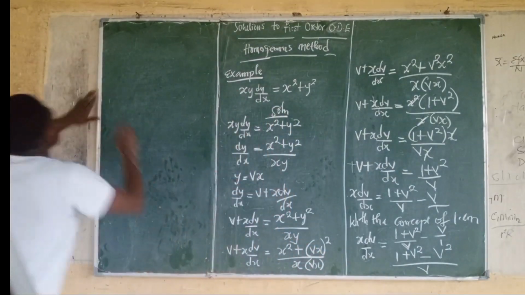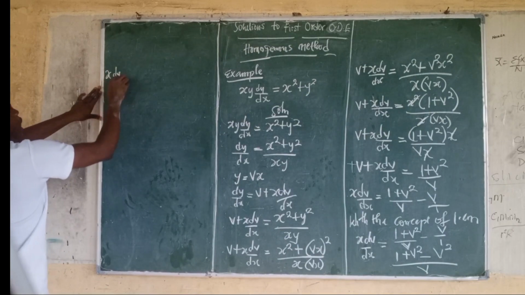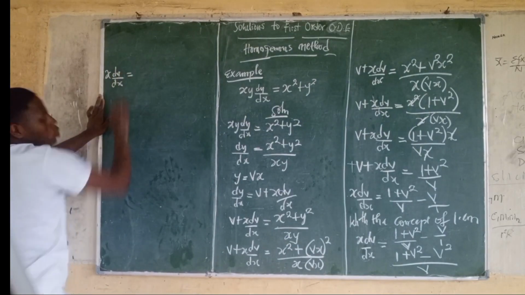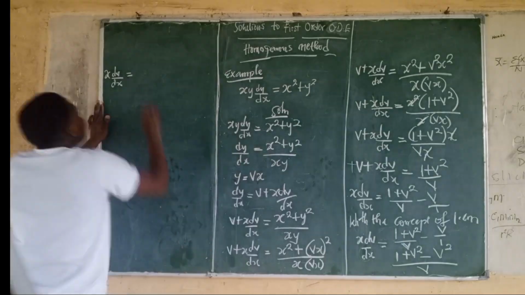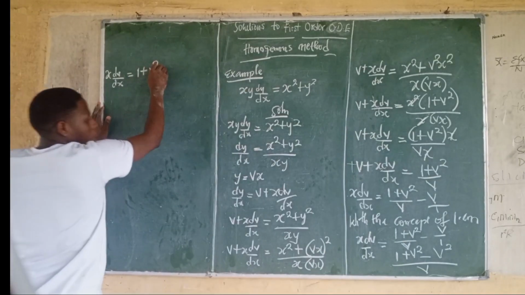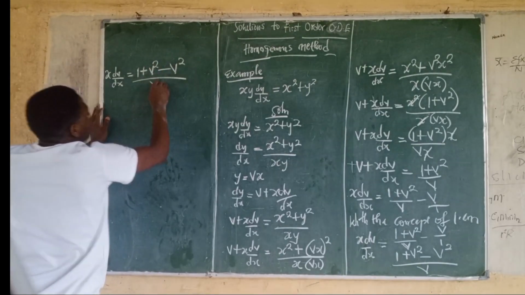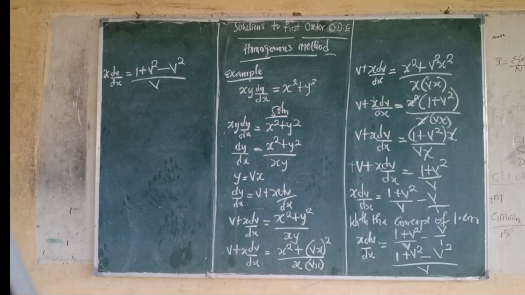So we know that x dv over dx is equal to 1 plus v squared minus v squared over v. So we can rewrite this equation in this manner.